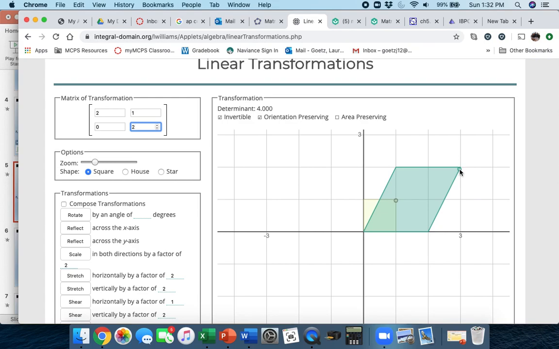There's where the point (1,1) went. Here's where the point (1,0) went. Here's where the point (0,1) went. I think this is pretty cool. I like this. And I'll fix the PowerPoint so that the link is in it.